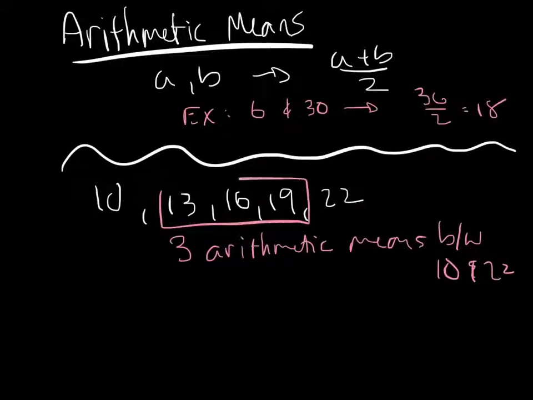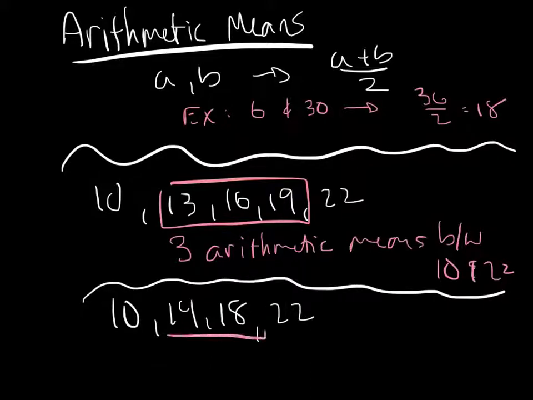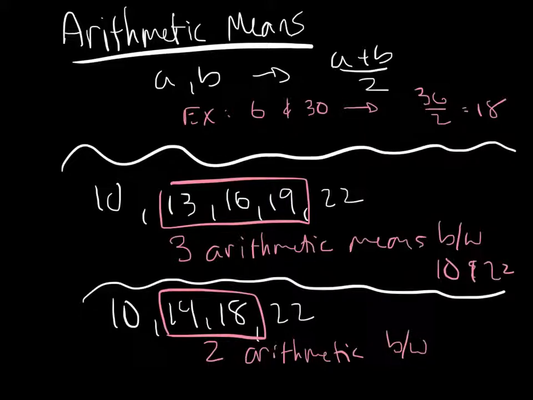Those 3 being 13, 16, and 19. Or, if I have the digits 10, 14, 18, and 22, there are 2 arithmetic means between 10 and 22. Alright, arithmetic means.